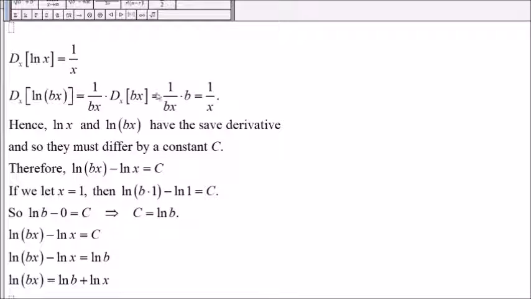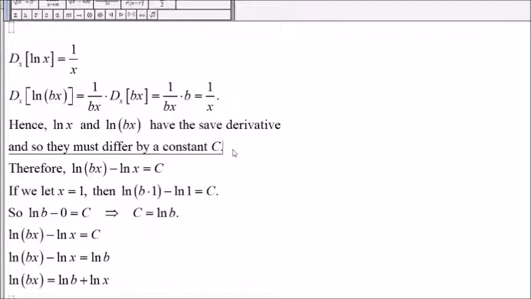We've just shown that ln of x and ln of bx have the same derivative, 1 over x, and so they must differ by a constant c.